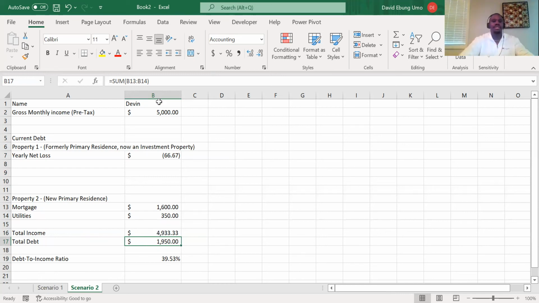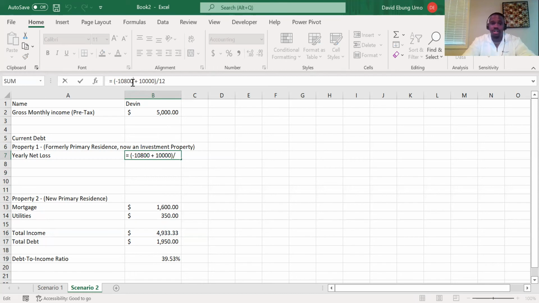Now on the flip side, if he chose not to claim that $2,000, that means adding back $2,000 to the pot, and that means he didn't report the investment property as a tax write-off. So you guys get what I'm saying.